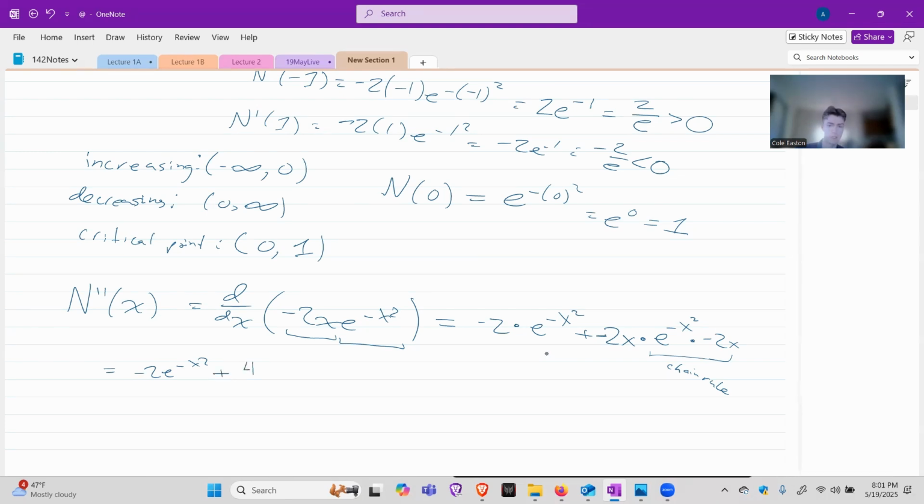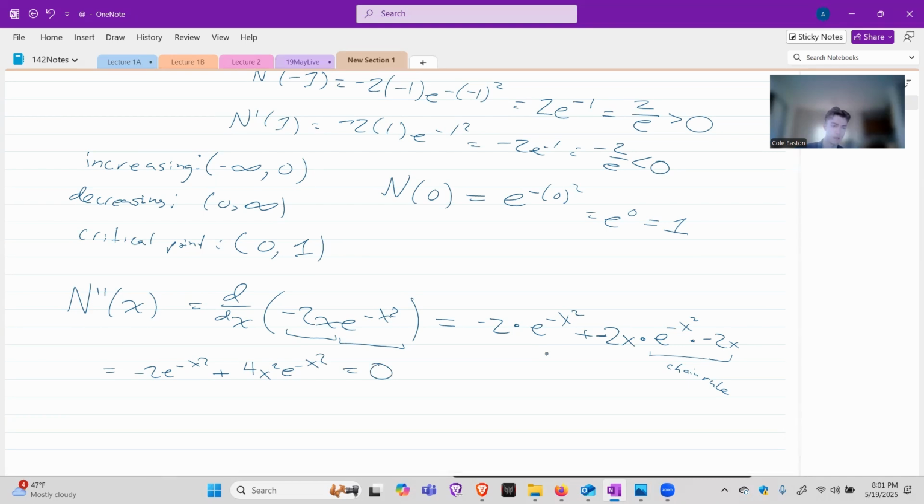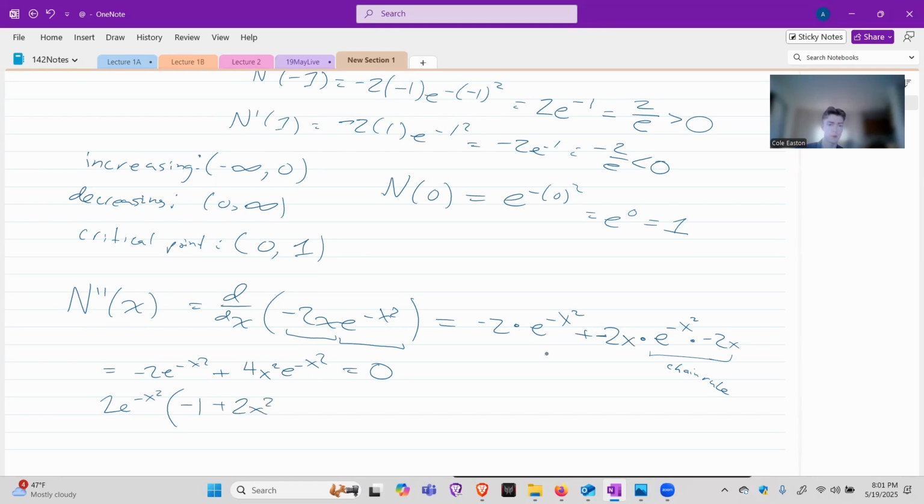So we're going to have plus 4x squared e to the -x squared equals 0. And let's see what I can factor out of this. I can take a 2e to the -x squared out of this. So I will have a -1 plus 2x squared equals 0.